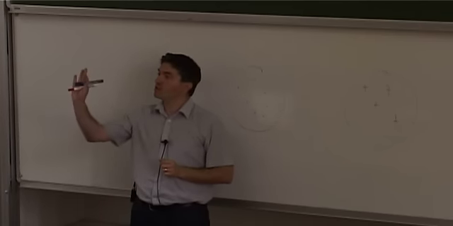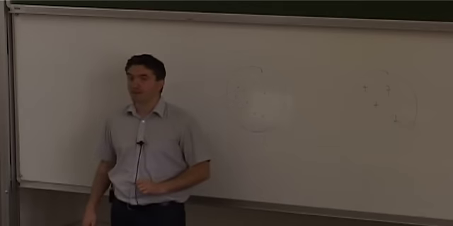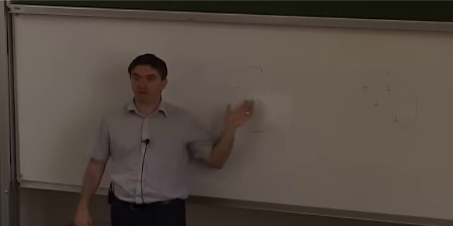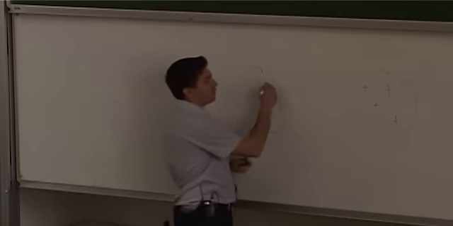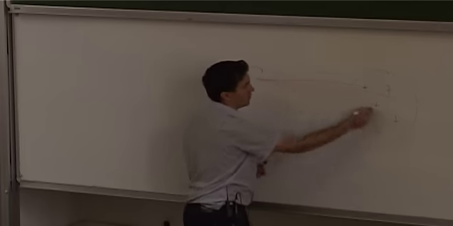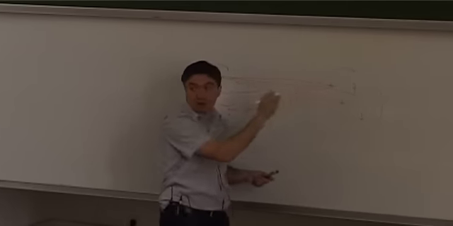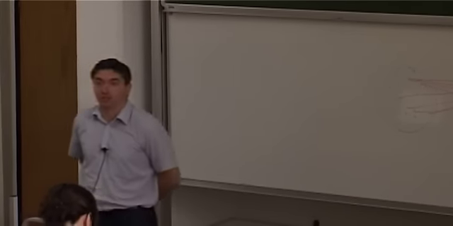No, not the whole UPGMA algorithm. I'm just asking, what is the distance between these two clusters? Yeah, the average of all pairwise distances. So you look at all the pairwise distances and you average them all. Okay, this is how you define a distance between two clusters.